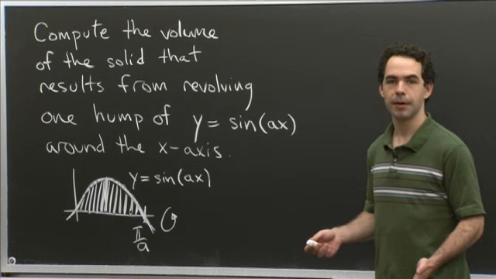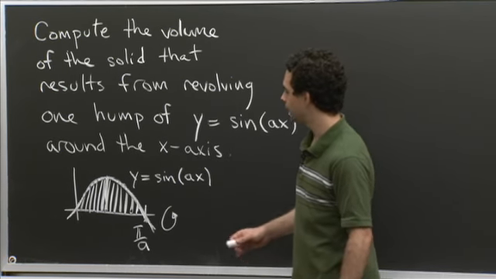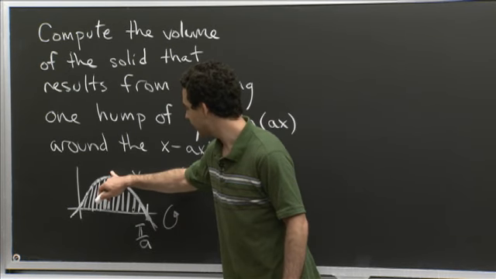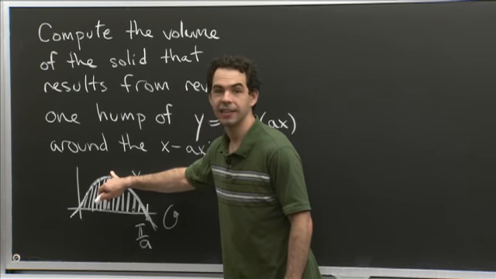And now we just need to remember how to do a problem like this. We have each of these disks. Its radius is the height of the function, which is y in this case.